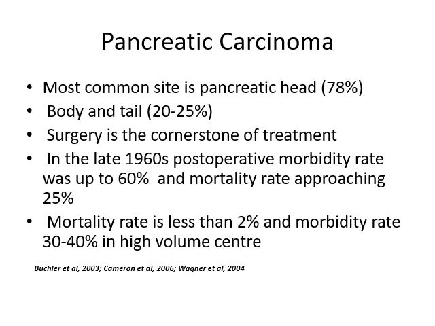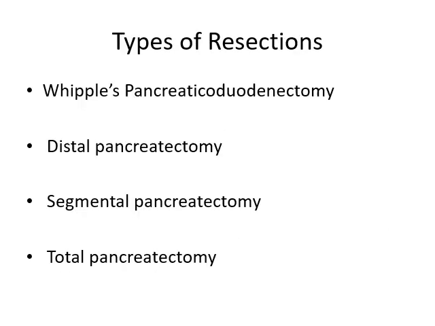No need for Whipple because it carries high mortality. So if you don't do it, or if you don't know how to do it, just send it to the people who know. Types of resection are Whipple pancreaticoduodenectomy, distal pancreatectomy, segmental pancreatectomy, or total pancreatectomy.